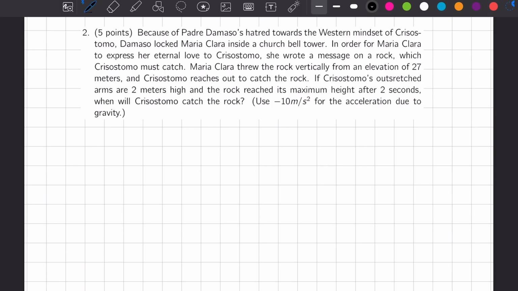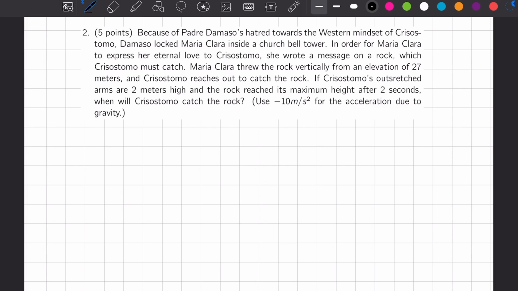Maria Clara threw the rock vertically from an elevation of 27 meters, and Crisostomo reaches out to catch the rock. If Crisostomo's outstretched arms are 2 meters high and the rock reaches its maximum height after 2 seconds, when will Crisostomo catch the rock? For this one, we use negative 10 meters per second squared for the acceleration due to gravity.